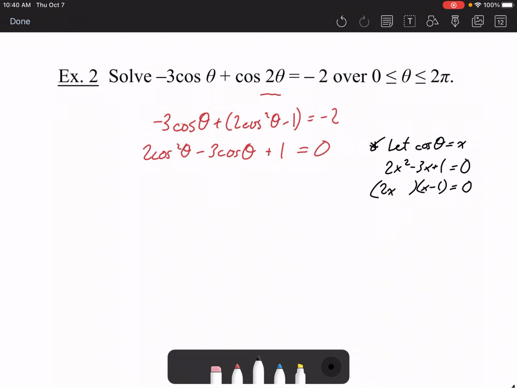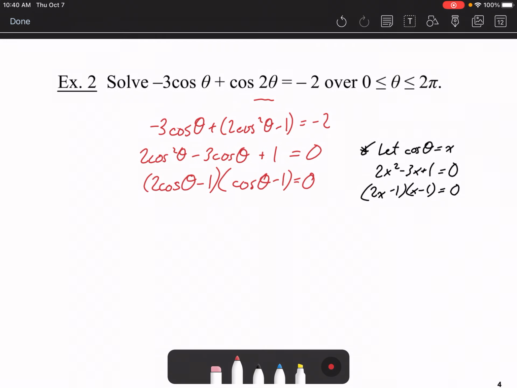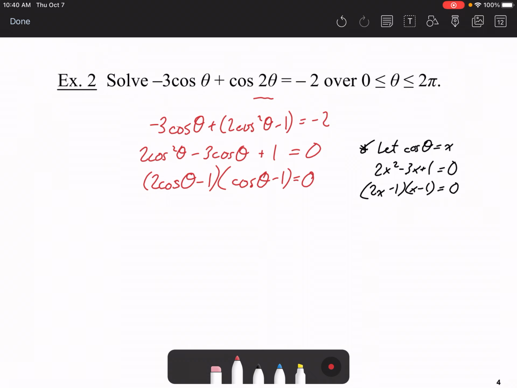If I multiply by negative 1 and negative 1 there, that'll make that equal to negative 3. So 2 cosine theta minus 1 and cosine theta minus 1 equals 0. So it's just a matter of now solving these.